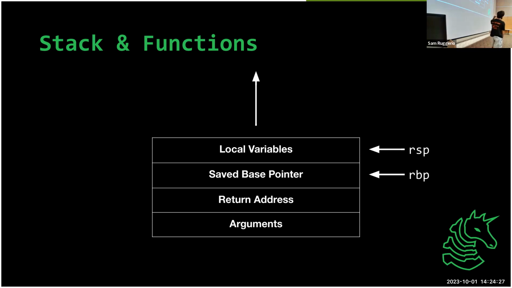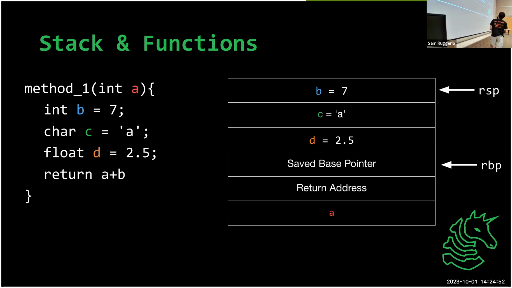Then we reserve any memory for local variables. So if I say int x equals 16, I will first allocate 8 bytes on the stack, and then put in our number, and RSP will point to that top value. Between the base pointer and the stack pointer, I can address any of my local variables in between, as long as I have some scheme of where I'm laying these variables out.